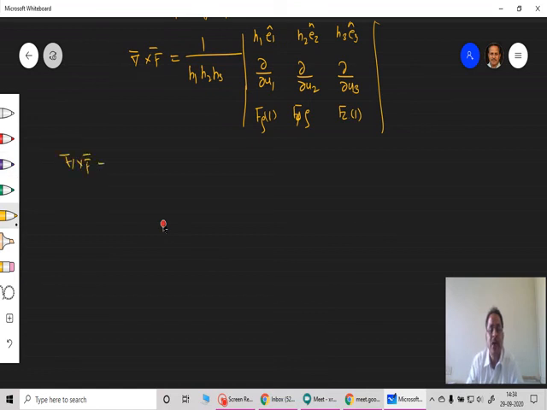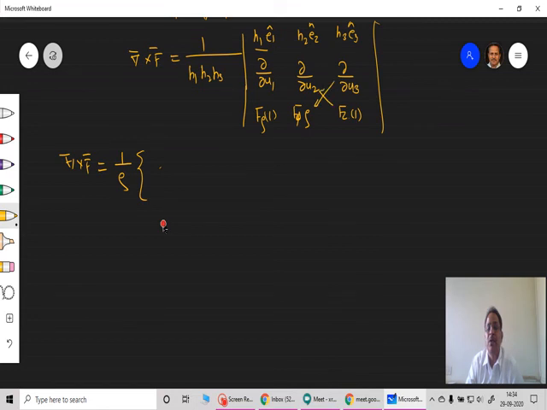Curl of a vector point function in this cylindrical coordinate system is given by 1 upon ρ, since 1 into ρ into 1 is ρ. Now how to solve a determinant: this into this minus this, the first component in the first row multiplied by this minus this.